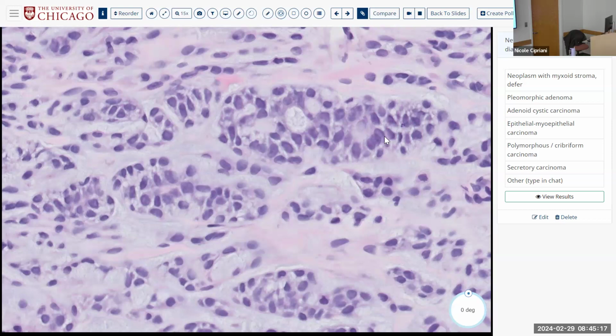Whereas if it's one of the 3 conventional grades, they may still do wider margins with a neck dissection, but depending on the final, they may or may not give the adjuvant chemo and the adjuvant radiation. So that's the subtlety between those conventional grades and full-on high grade. Does that make sense? Adenoid cystic is like the weirdo of all of these, right?